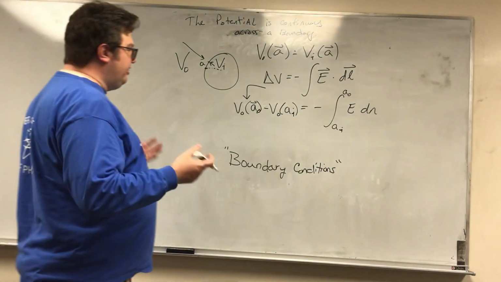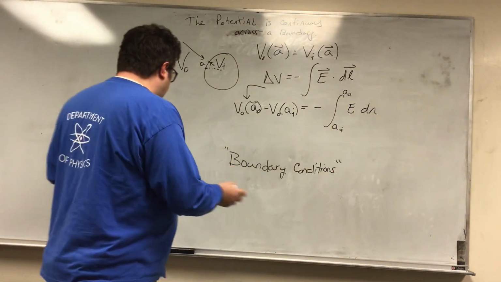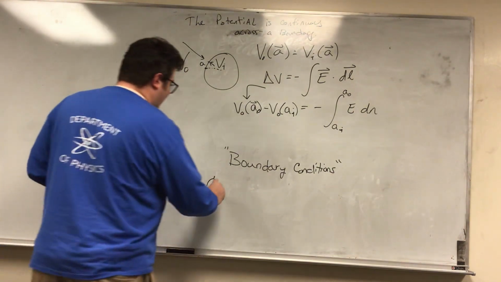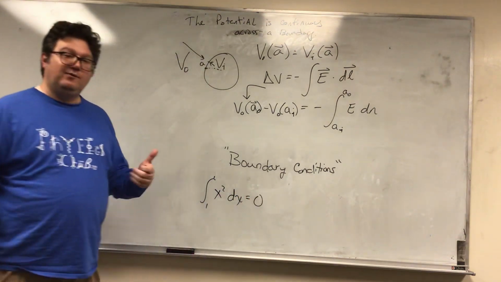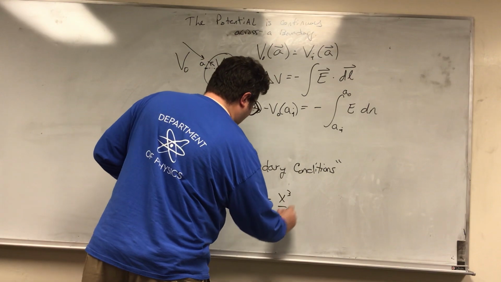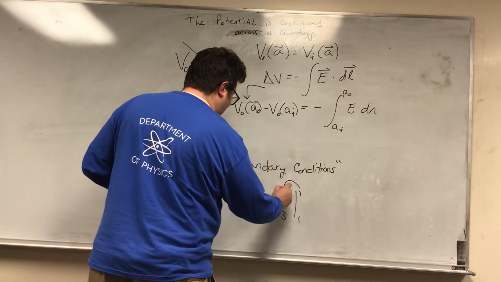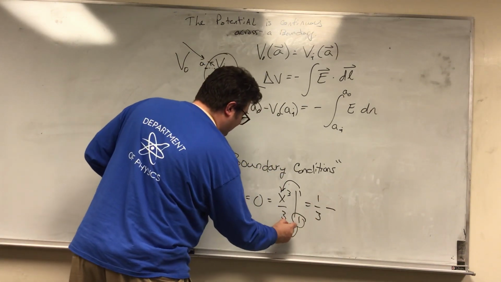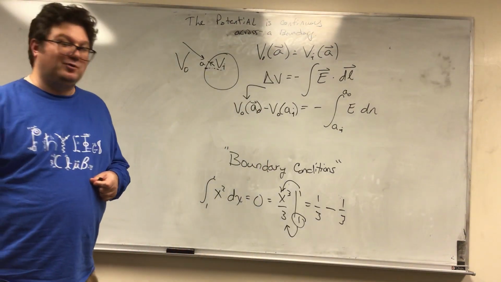Now, I can think about integrals. So I already know that the integral from 1 to 1 of x squared dx is equal to 0. Let's do that integral. X cubed over 3, and then I take the 1 and I put it in here. You get 1 over 3, and then I take minus, and I take this 1 and I put it in, and I get a minus 1/3.